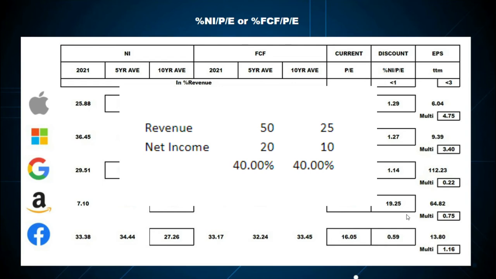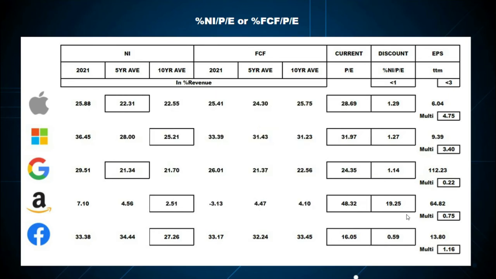But the percentages of net income or free cash flow relative to revenue stay the same or would still be around the average. This could drastically change when fundamentals of the company change, like acquisitions, write-offs, and spin-offs.